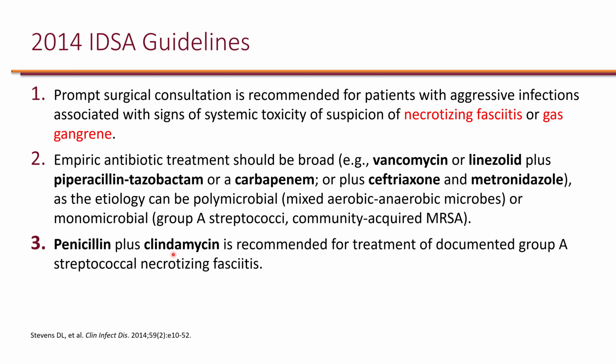And then you might ask, why do we need to add clindamycin here, where some group A might actually be resistant to clindamycin? That's because clindamycin has the antitoxin effect, and we're dealing with necrotizing fasciitis. Clindamycin will handle the toxins and penicillin will handle the organism making the toxin, because penicillin alone will kill the organism, but the toxins are circulating around, so you want to neutralize those with clindamycin.